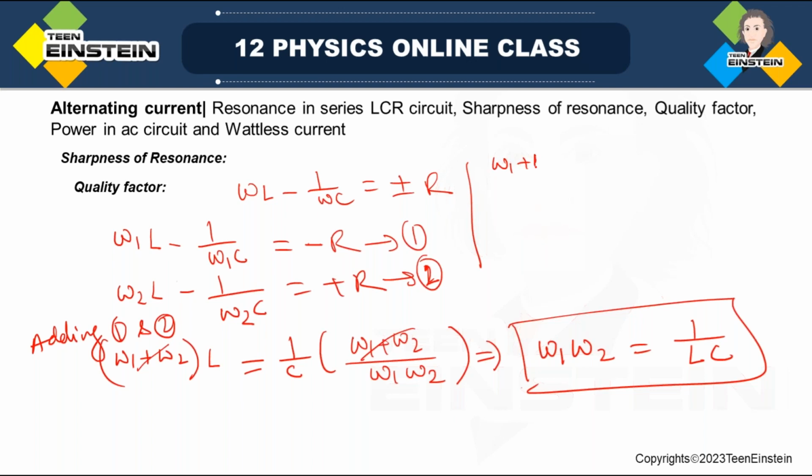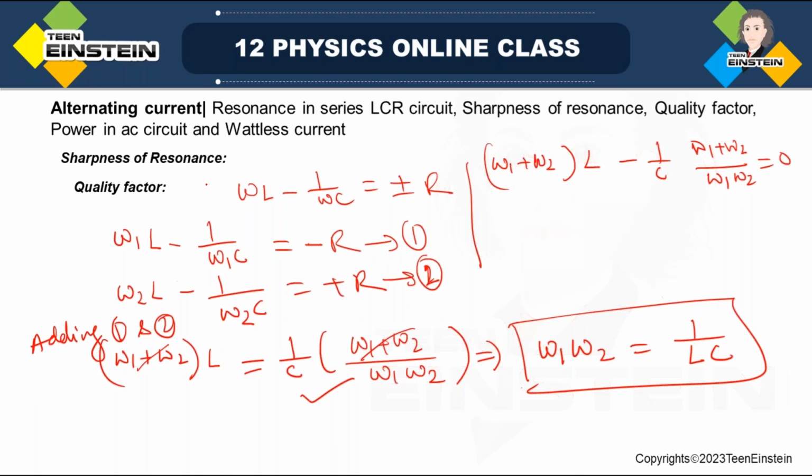Omega 1 plus omega 2 times L minus 1 over C times omega 1 plus omega 2 over omega 1 omega 2 is equal to 0. So I have just made it into an equation like this, and then found out what omega 1 omega 2 is.